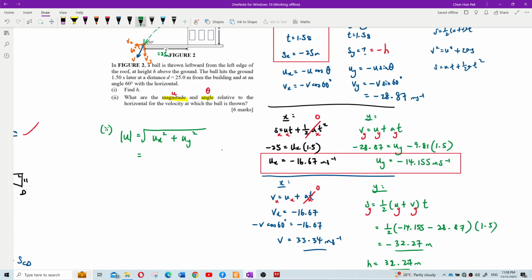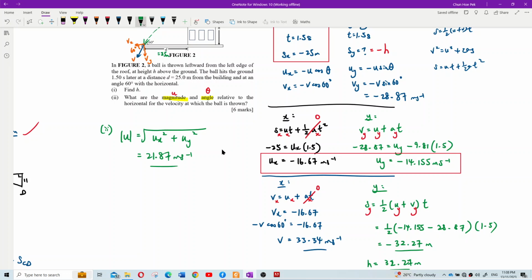So 16.67 squared plus 14.155 squared. The magnitude is 21.87 meters per second.